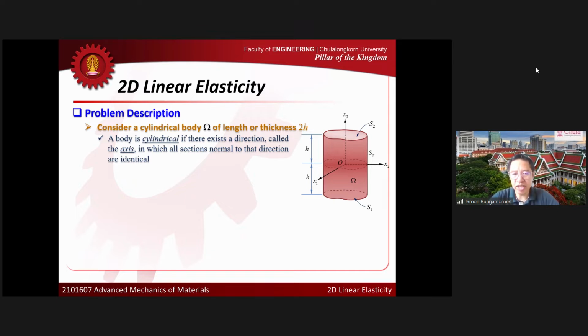So the cylindrical body that I focus on in that particular class of problem, we assume that the length of the body is sufficiently large compared with the cross-section dimension, right? So in that sense, if the length of the cylinder is sufficiently large compared with the characteristic dimension of the cross-section, that implies the existence of the interior zone, right?